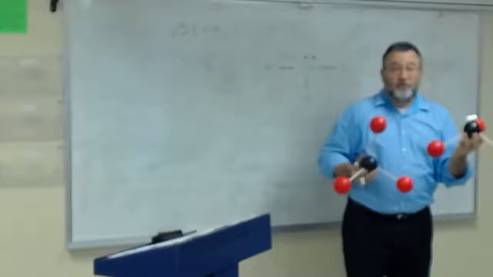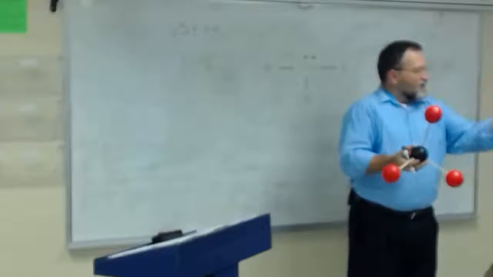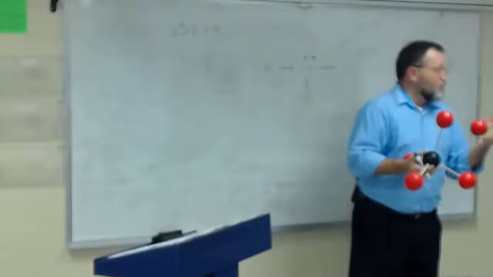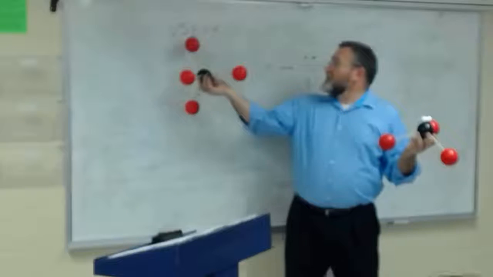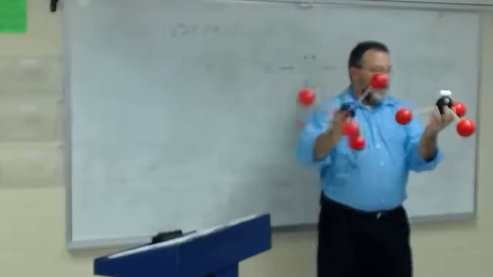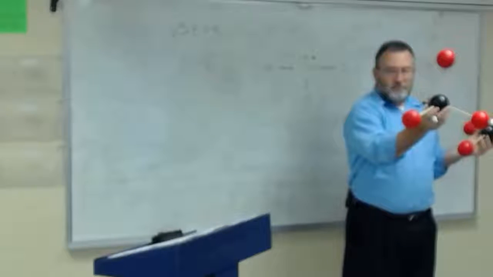Okay. Now, in terms of logic, when we develop our 3-dimensional models, the thing you have to remember is that an unbonded electron pair has more force, more repulsion. Valence shell electron pair repulsion. Okay? An unbonded pair up here has more repulsive force than a bond.